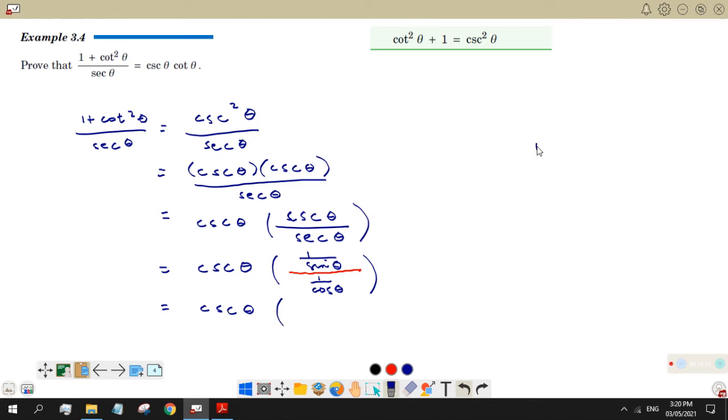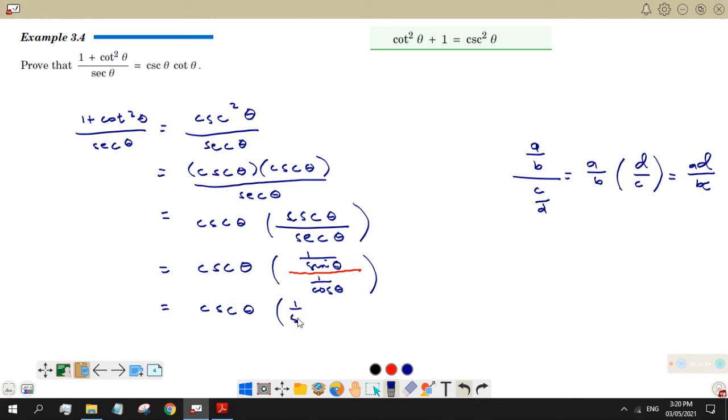So, if you have A over B divided by C over D, we change the operation into multiplication, and then we multiply it by the reciprocal of the denominator, which is D over C. Ayan, we have AD over BC. So, ganun din dito.